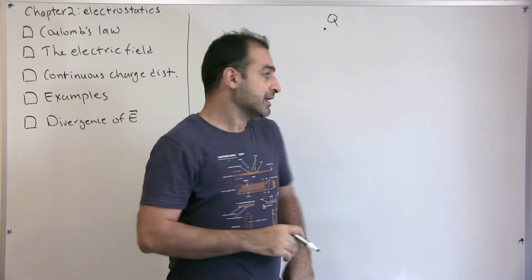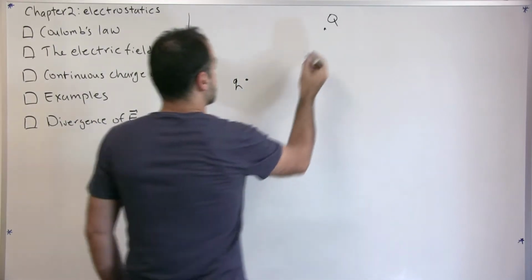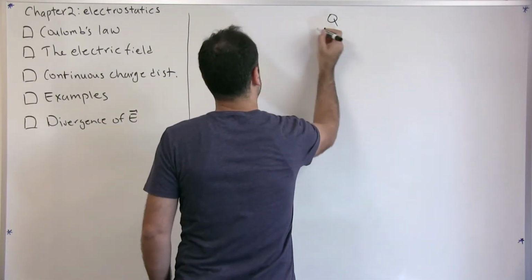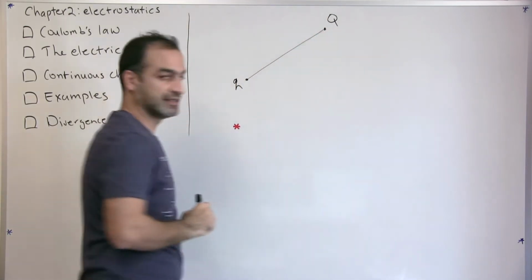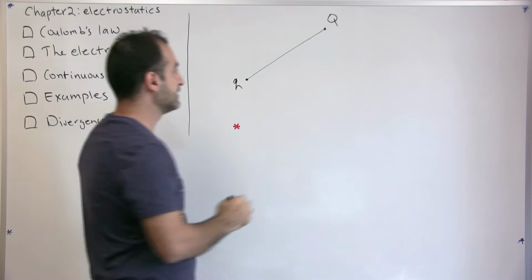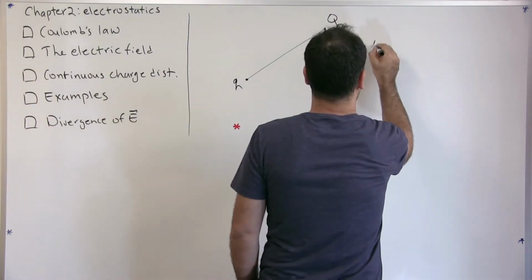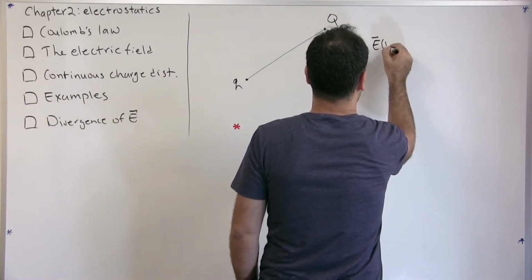So what happens is that the force is exactly along this line. And the magnitude of the force is given by Coulomb's law.